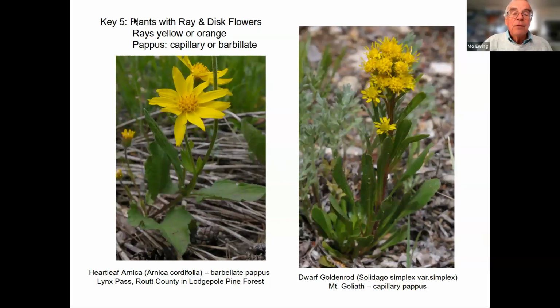These have ray and disc flowers, yellow or orange, pappus of capillary or barbellate. Heartleaf arnica is an example of this. It has a barbellate pappus. And then dwarf goldenrod, Solidago simplex, has a capillary pappus.